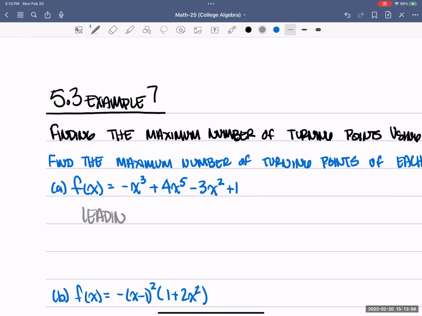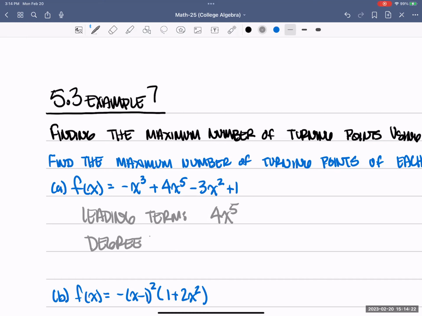So leading degree. That's our leading term, not degree. So it's our 4x to the power 5, which means it's degree 5.